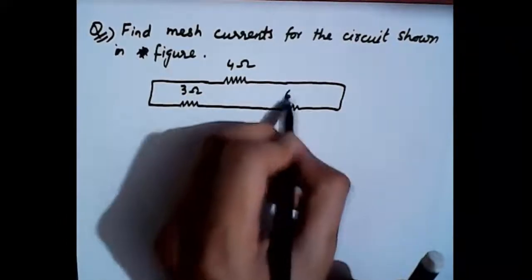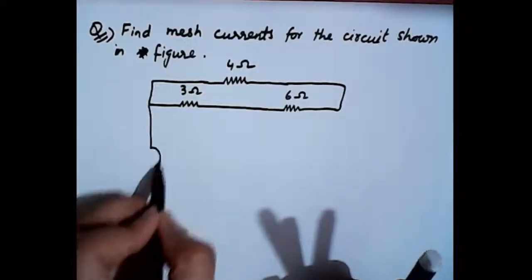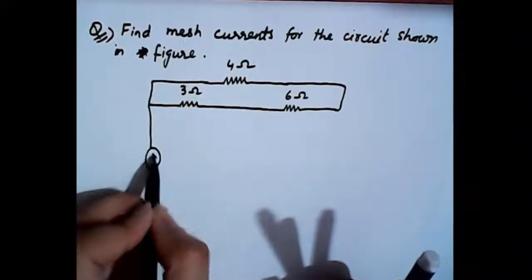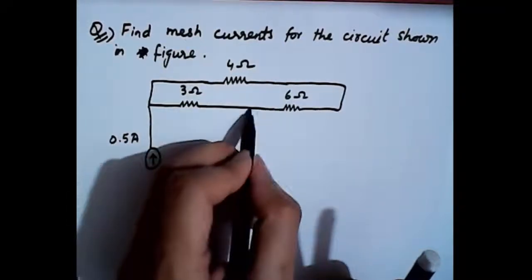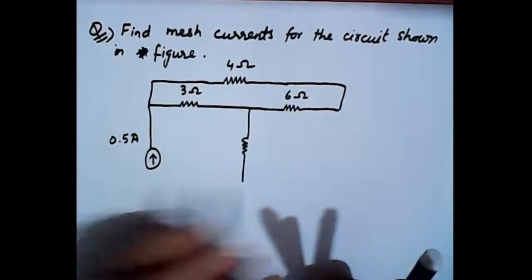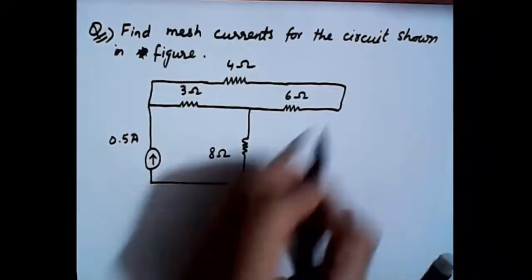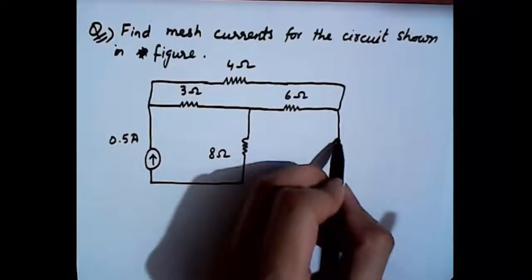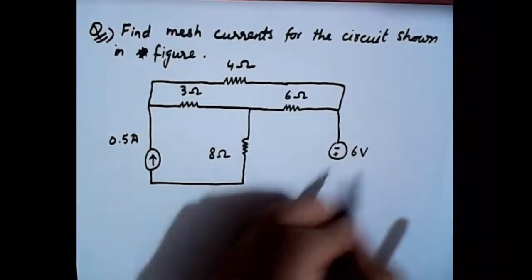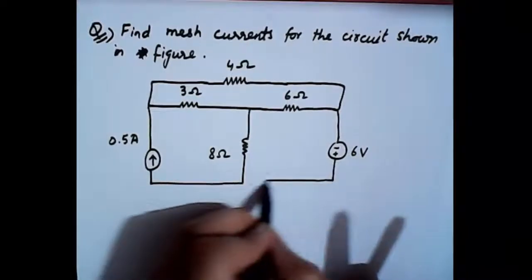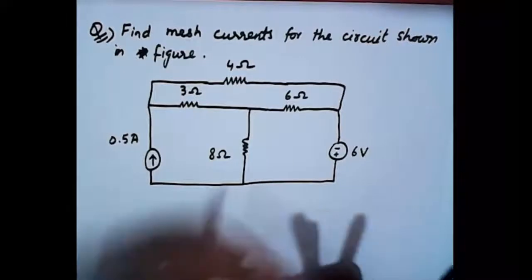Ohms, 6 ohms, 0.5 amps, we have 8 ohms, then we have plus 6 volts, and finally, okay.